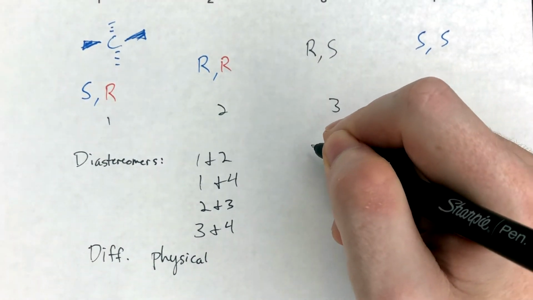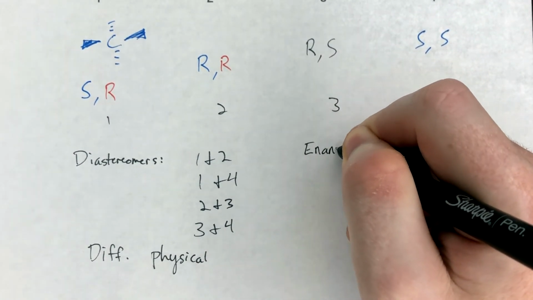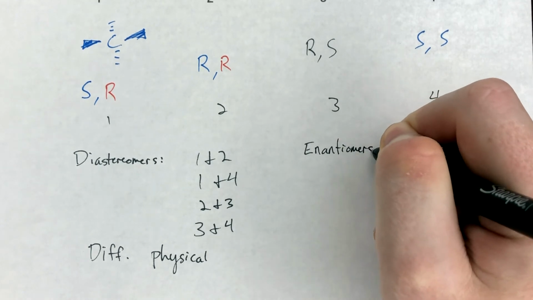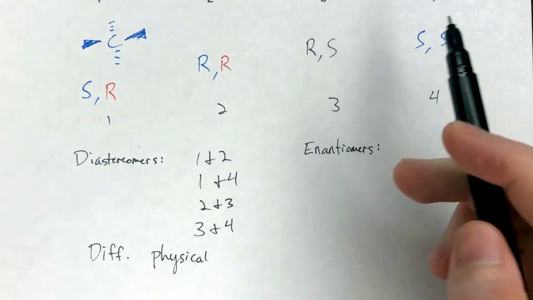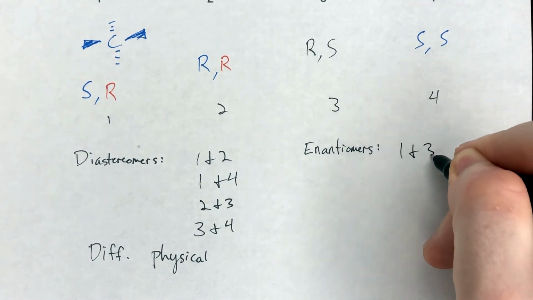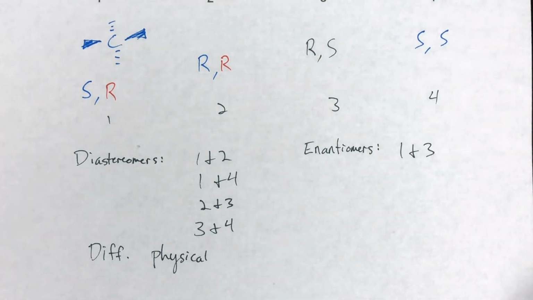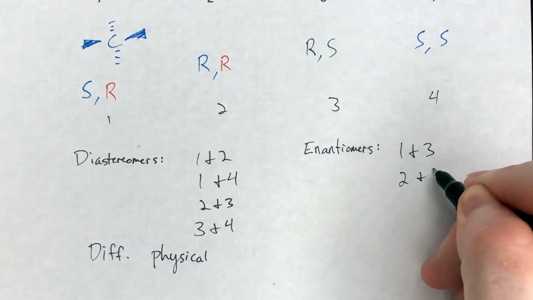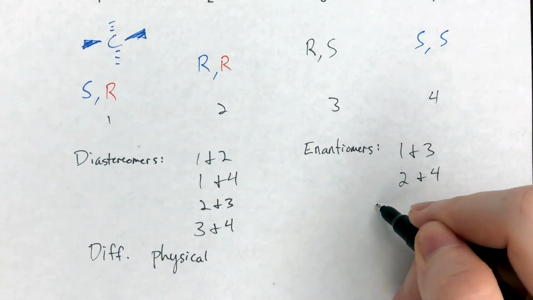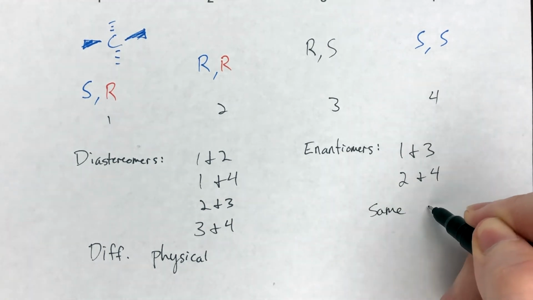Now, what about the enantiomers? There are 2 pairs here of enantiomers. We have 1 and 3 because S switched to R switched to S, so 1 and 3 are completely opposite at both configurations. And then 2 and 4 are also opposite. So these you would expect to have the same or extremely similar physical properties.